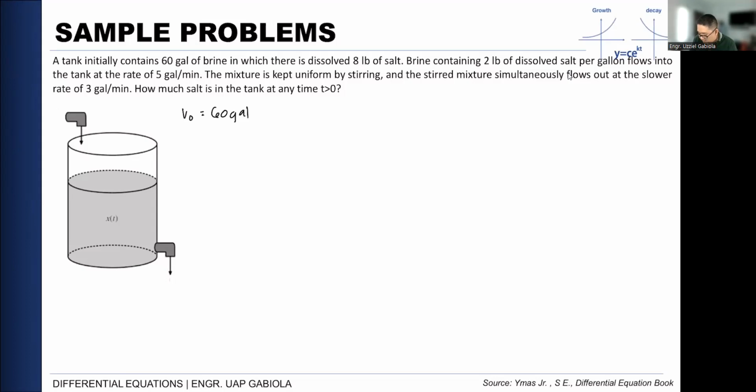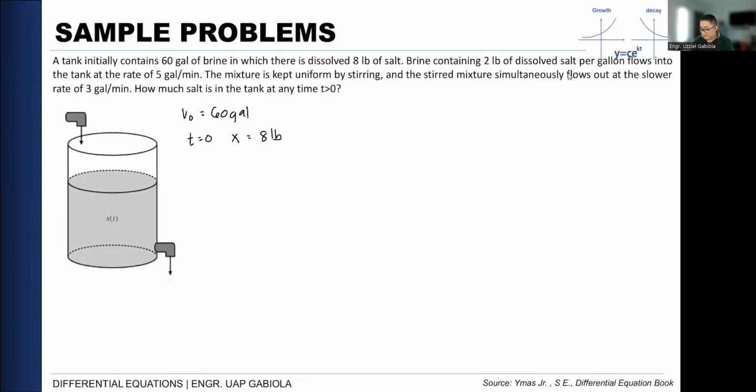And then, magdi-dissolve daw tayo ng 8 pounds of salt. Ibig sabihin, dun sa brine na yon, initially, 8 pounds of salt yung na-dissolve. So, ibig sabihin, at t is equals to 0, yung x natin, yung amount ng substance natin is 8 pounds. Yun yung ibig sabihin ng statement na yun. Okay? Na magagamit natin yan later kapag hahanapin natin yung arbitrary constant natin.